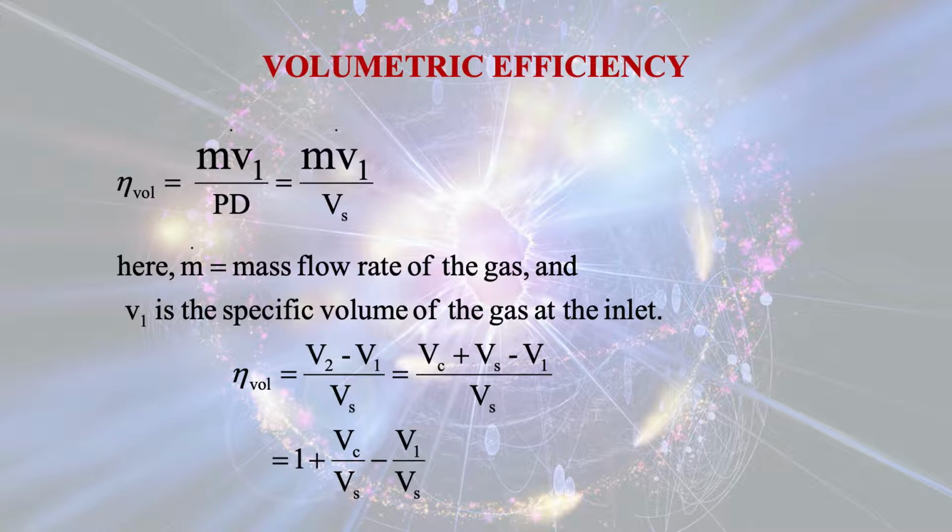So, eta volume is equal to V2 minus V1 by Vs, which is equal to Vc plus Vs minus V1, whole divided by Vs, equal to 1 plus Vc by Vs minus V1 by Vs.